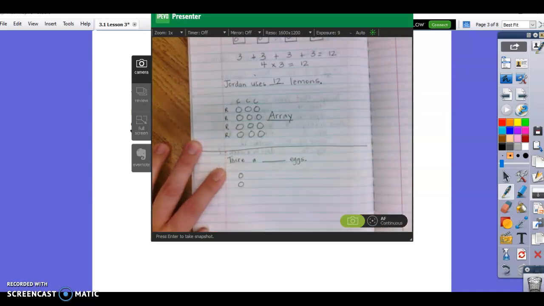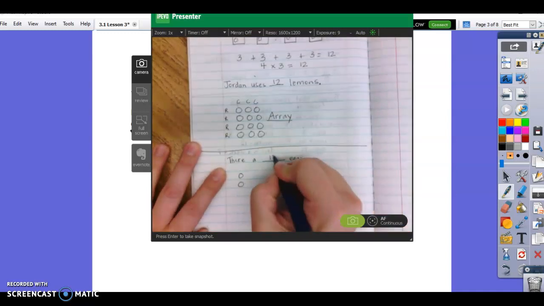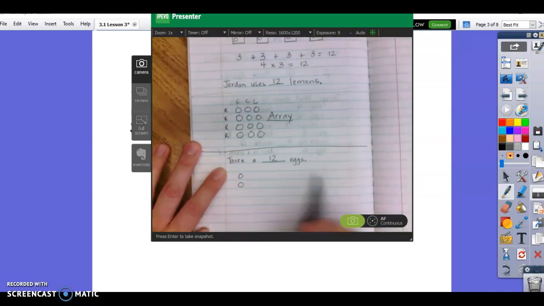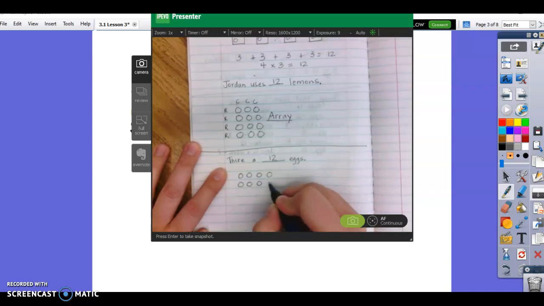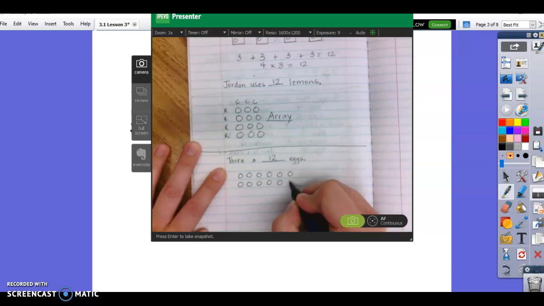And I have 2. I know that there's going to be 12 eggs, but I really am confused or concerned about how many will be in each row. So to figure this out, I'm going to draw an array, and I'm going to draw it neatly. So I've got 1, 2, 3, 4, 5, 6, 7, 8, 9, 10, 11, 12.